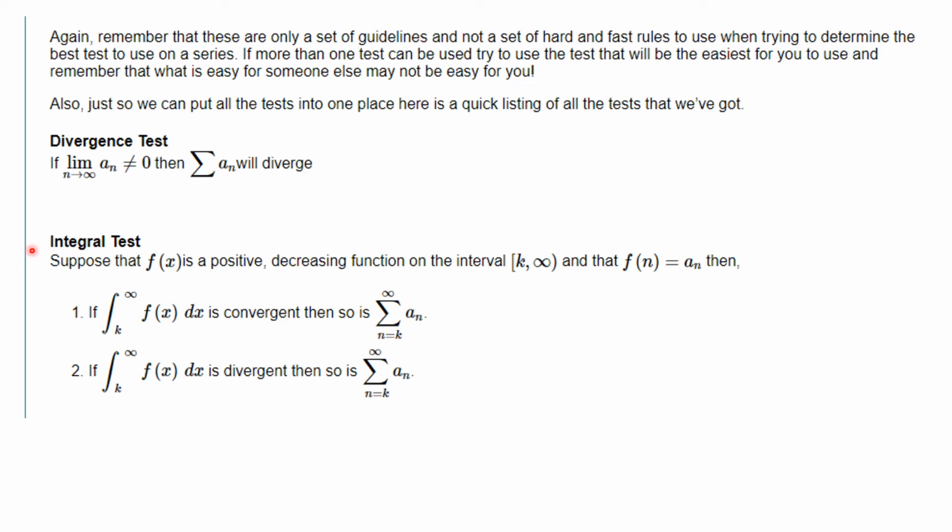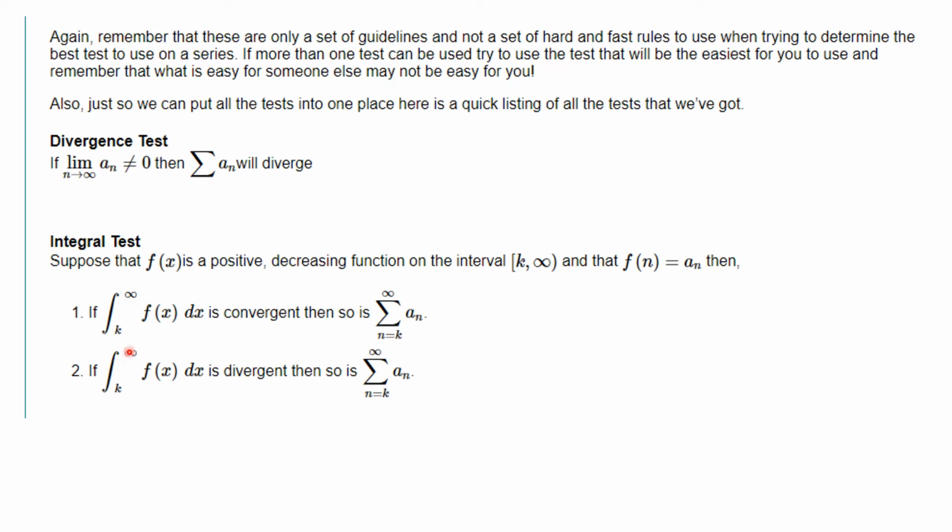The integral test. Suppose that f of x is a positive decreasing function on the interval from k to infinity, and that f of n is equal to a sub n. Then, if this integral from k to infinity of f of x dx is convergent, then so is the sum from n equals k to infinity of a sub n.